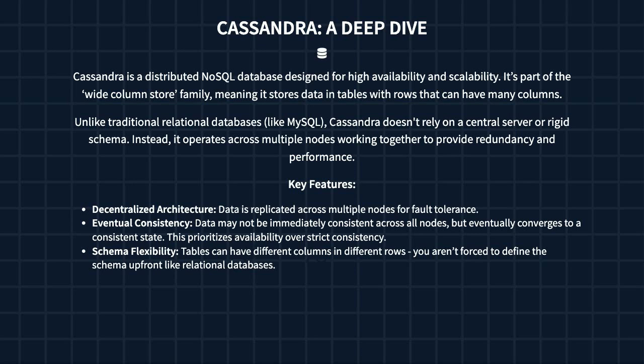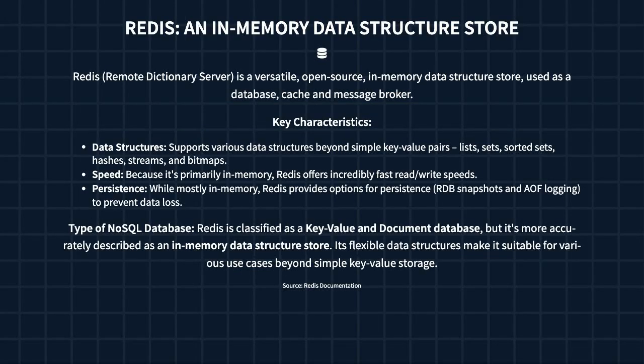Crucially, it doesn't have a central server. The work is distributed across many nodes, which means if one node goes down, your application keeps running. It also prioritizes availability over immediate consistency, meaning you might see slightly delayed updates in some cases, but overall, it's incredibly robust and scalable.